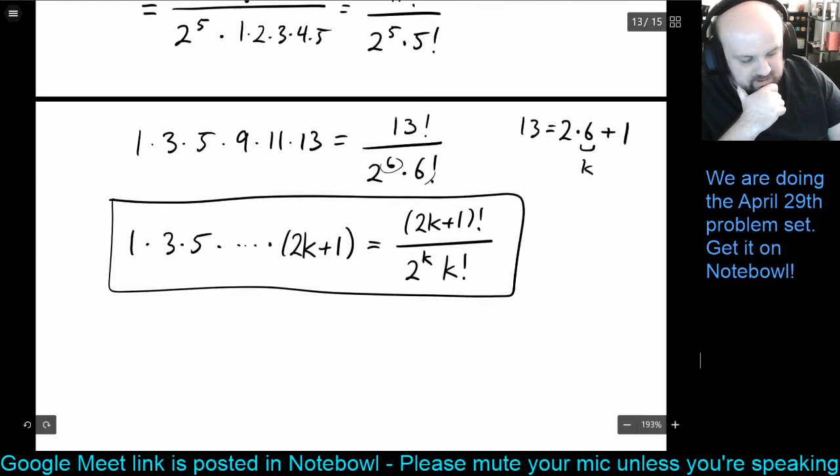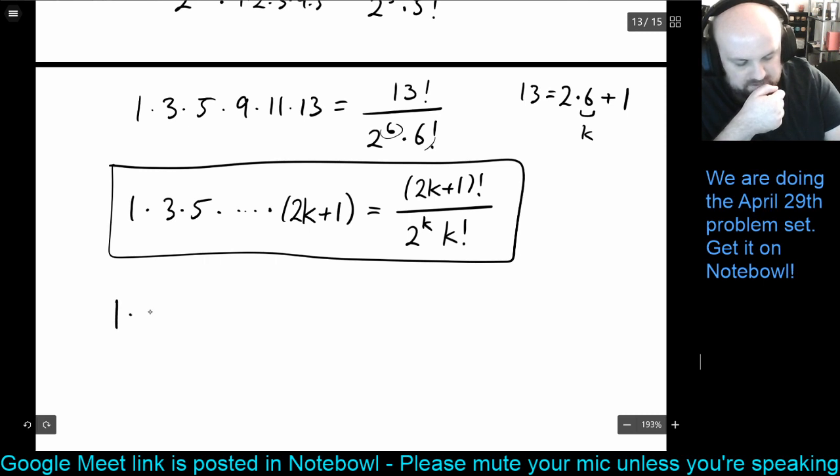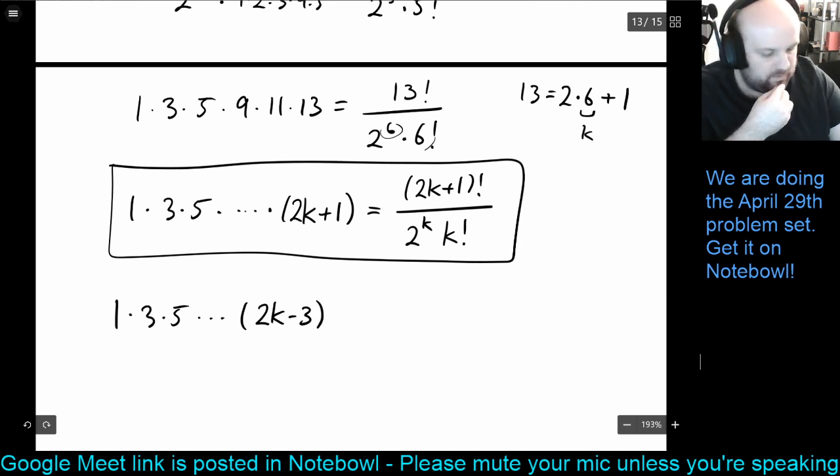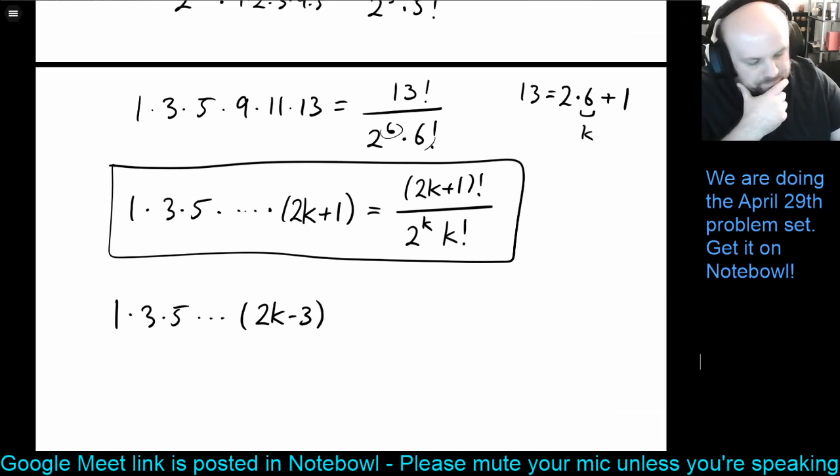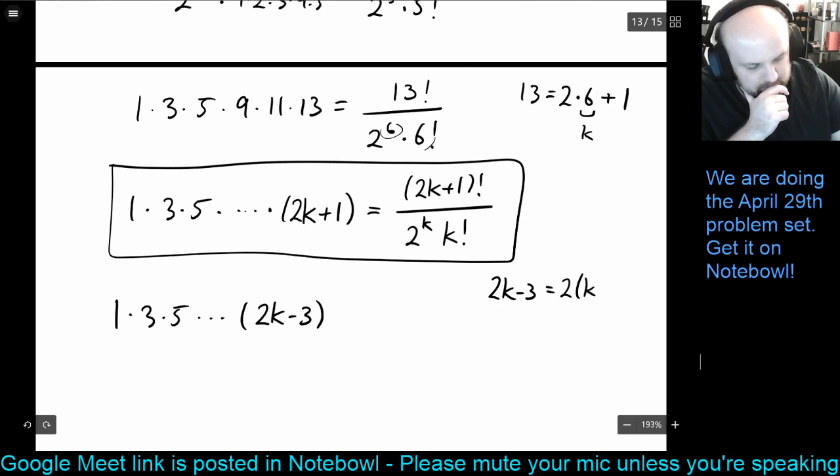So that's going to be the general formula for multiplying odd numbers, which means if I wanted to multiply through 2k minus 3, then 2k minus 3 is 2 times k minus 2 plus 1.